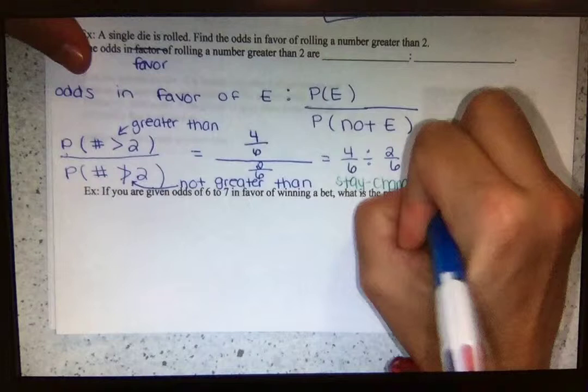So our probability of winning will be 6 over 6 plus 7. What is 6 plus 7? 13, so we have 6 over 13. Can this be simplified? Nope, final answer.